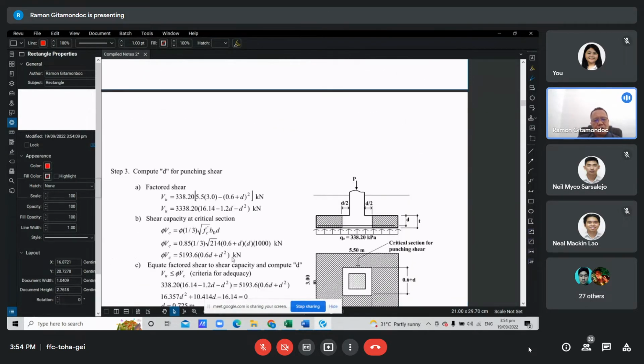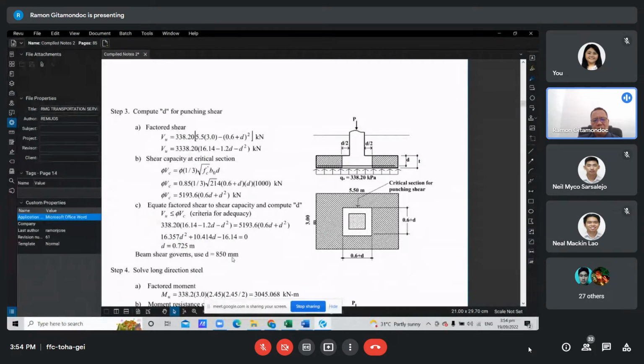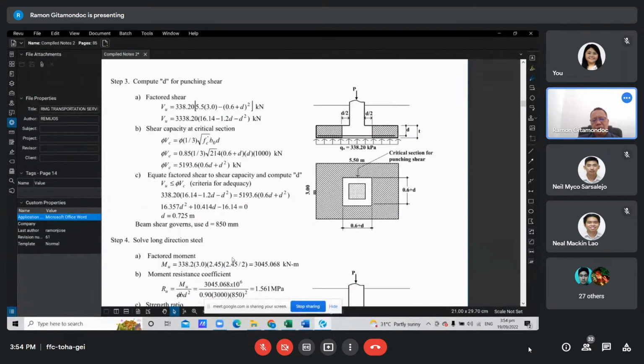Next, we compute the required effective depth to avoid a punching shear failure. The critical section for punching shear will be at d over 2 distance from the face of the column, and that will occur around the column perimeter. So with d over 2, that will make the dimension of the critical section equal to the column dimension plus d.